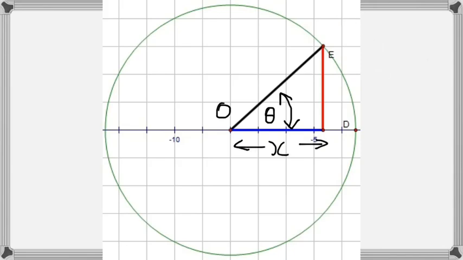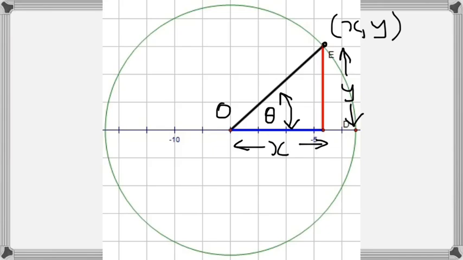And the next thing is we're going to look at these coordinates. From the origin over here, we can measure on the horizontal axis x and we can measure y. And this is our traditional view of trigonometry for theta.